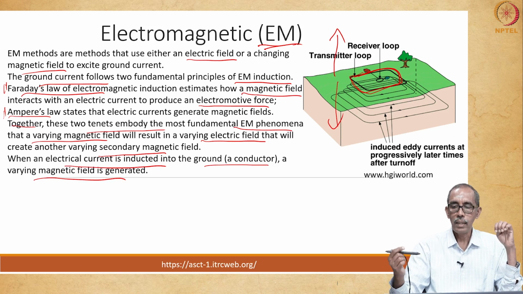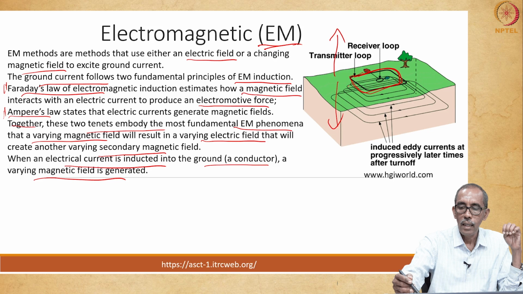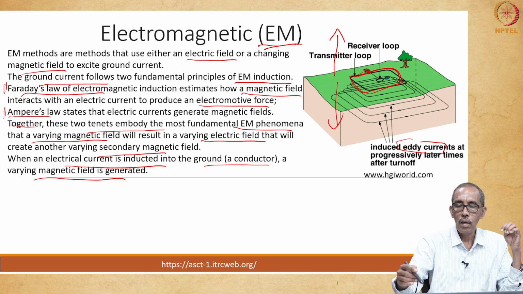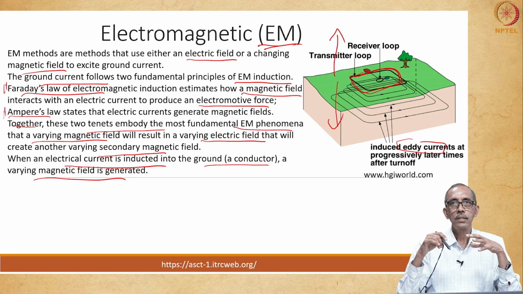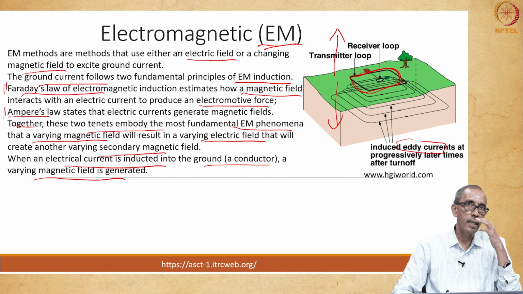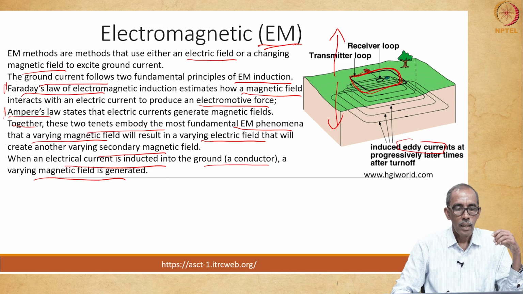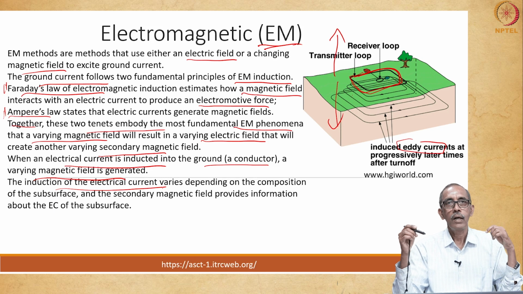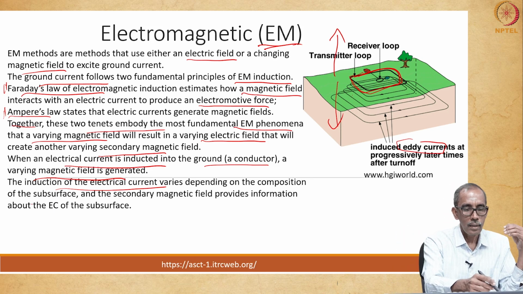Right? The current in turn leads to development of what is known as induced eddy currents. The transmitter coil's current passes into the earth and in turn it produces eddy currents. Right? And the eddy current developed actually varies depending on the subsurface.